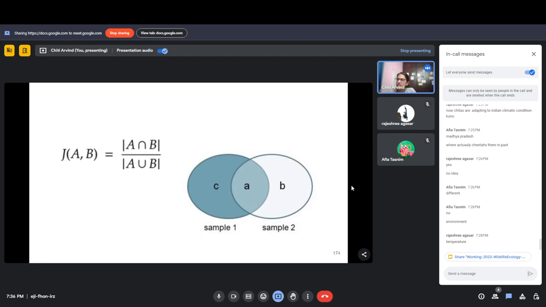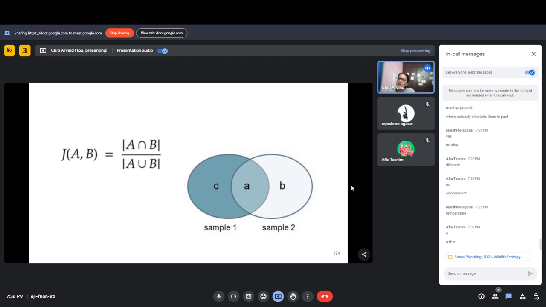So site 1 intersection site 2, or sample 1 intersection sample 2, is A, right? And what is sample 1 union sample 2? A plus B plus C, right?